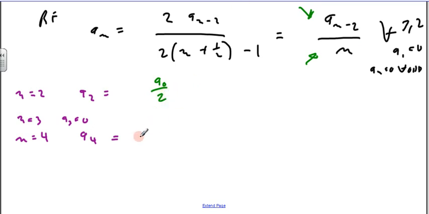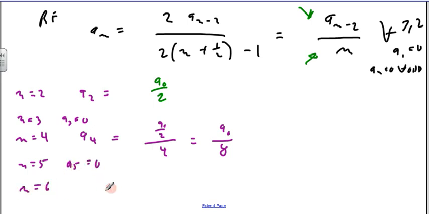Much better. a4 is a0 over 2 divided by 4, which is a0 over 8. n is equal to 5, a5 is 0. n is equal to 6. a6 is equal to a4 divided by 6, which is a0 divided by 48. If I could do my math right, 48.